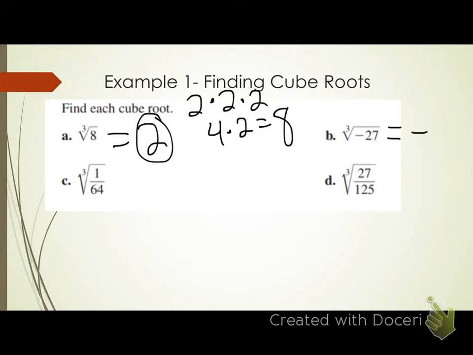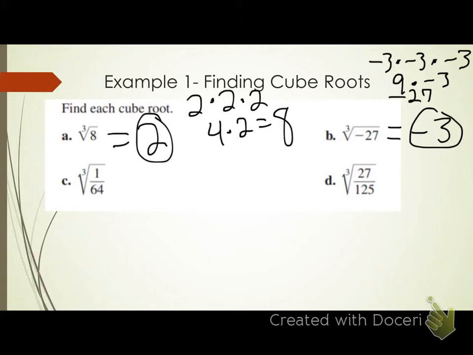So I'm asking myself, what number times itself twice gives me negative 27? That would be negative 3. Negative 3 times negative 3 is positive 9. Positive 9 times negative 3 gives me negative 27. So I know the cube root of negative 27 is negative 3.